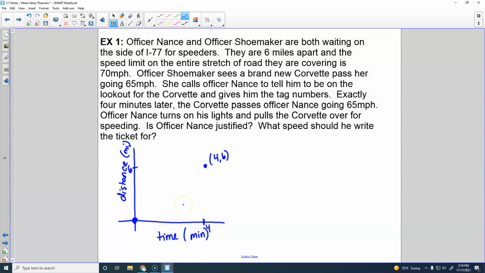So if we want to know the average speed here, then you could do slope formula if you want, 6 minus 0 over 4 minus 0.